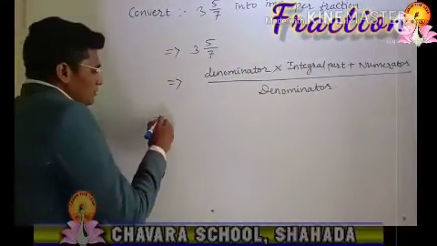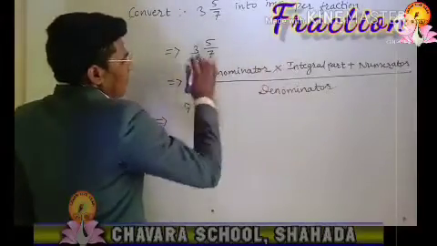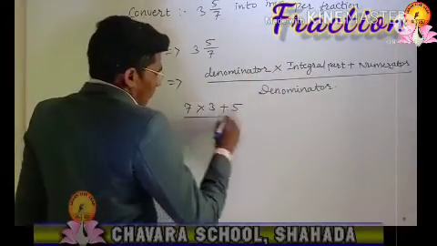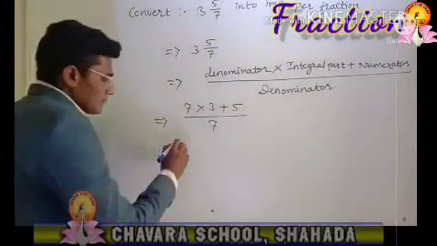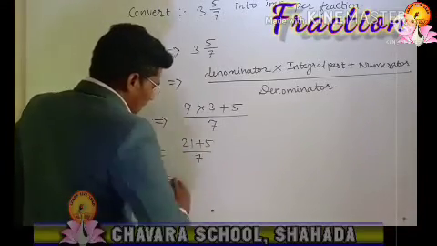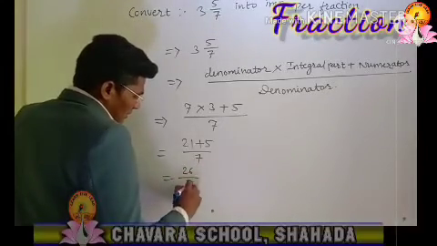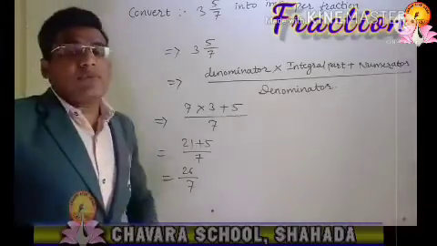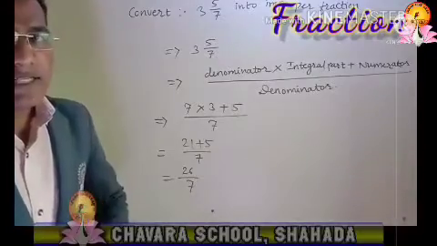Now putting the values, the denominator is 7 and integral part is 3, plus sign is as it is and numerator is 5 upon denominator. So 7 3s are 21 plus 5 upon 7, and the answer is 21 plus 5, 26 upon 7, and this is nothing but an improper fraction. So this is how we can solve and convert a mixed fraction into an improper fraction.